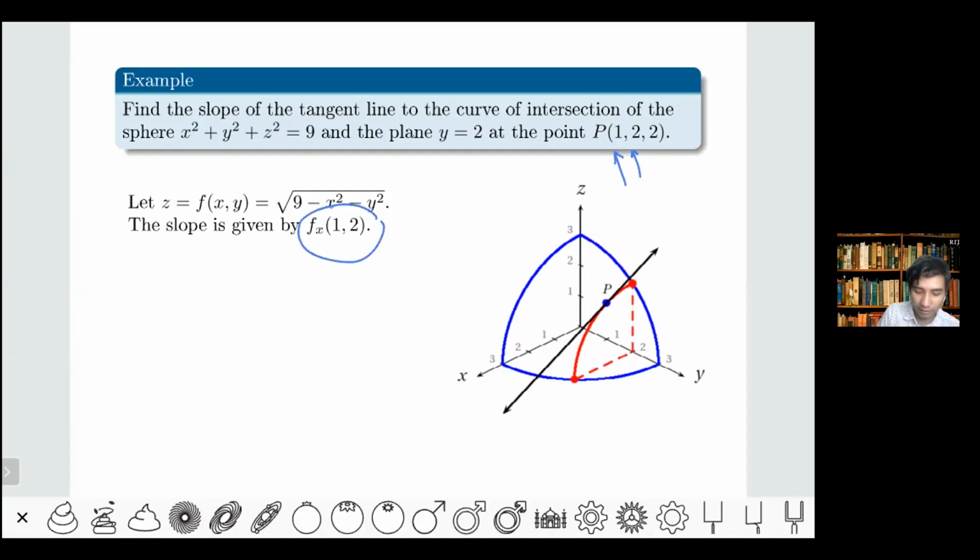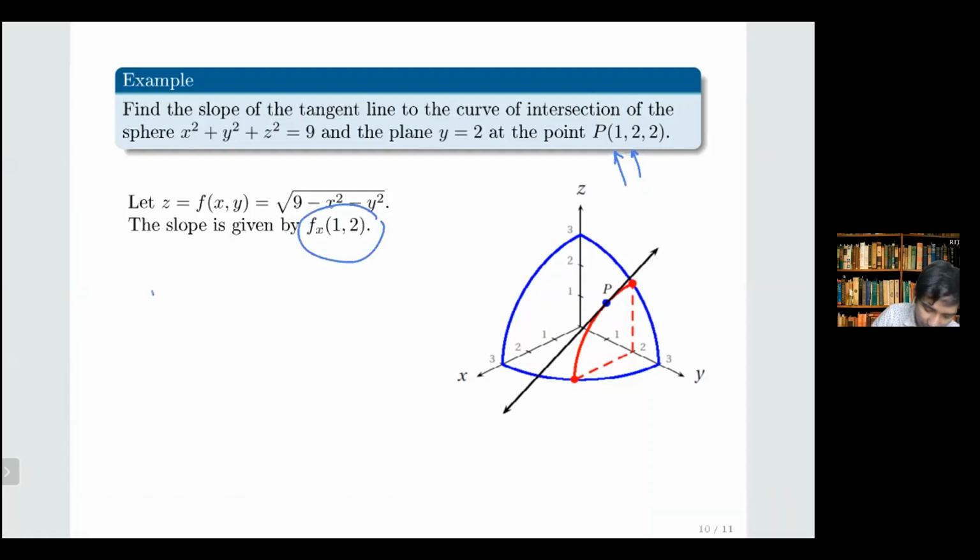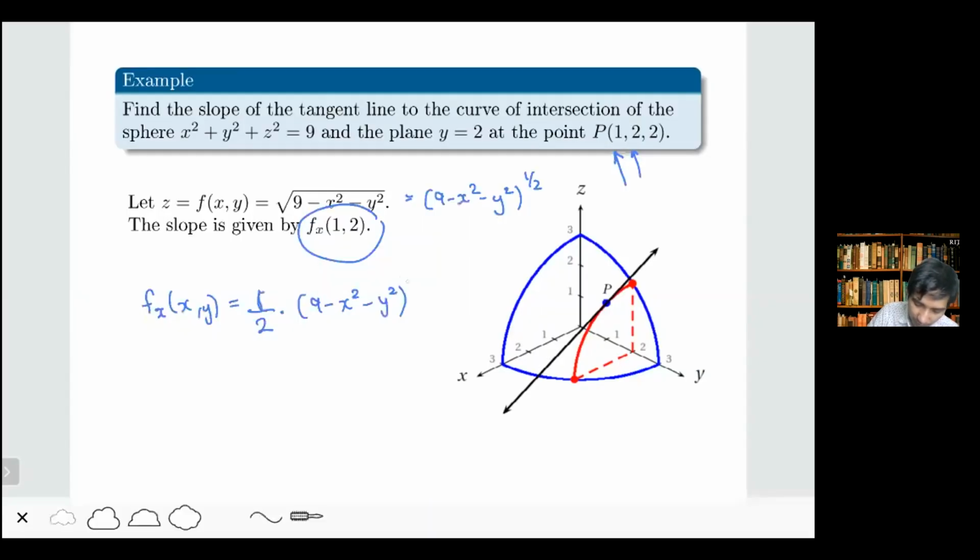So let's first compute f sub x. This is 9 minus x squared minus y squared, to the 1/2. When we differentiate it with respect to x, it becomes 1/2 times 9 minus x squared minus y squared to the negative 1/2.